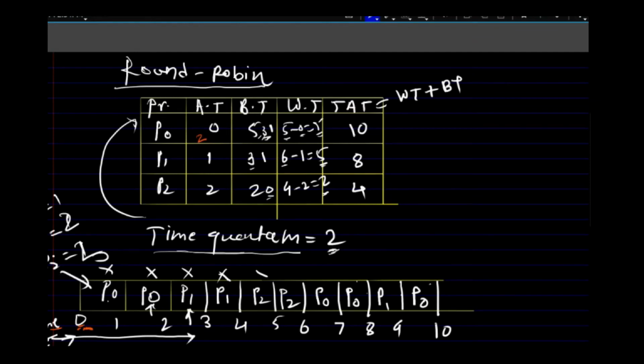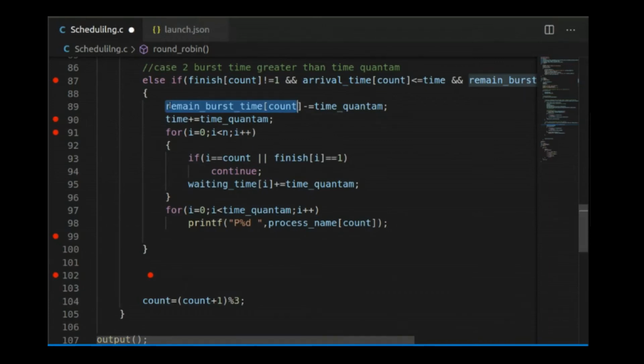So that we have calculated here: remaining burst time of count equals the remaining burst time minus time quantum. Minus equals means this variable minus this, and assign the value again to this variable. You might know these C concepts about minus equals, plus equals, and so on. Okay, so up to this we have completed.